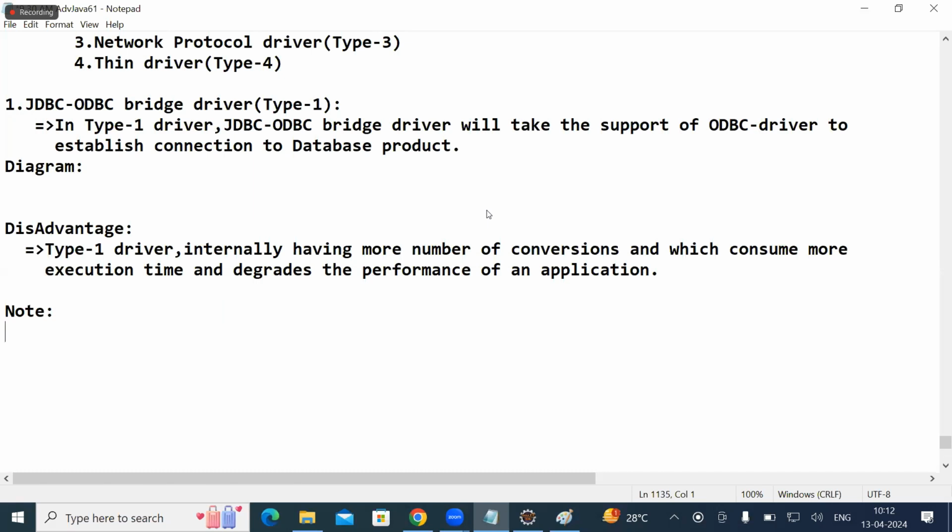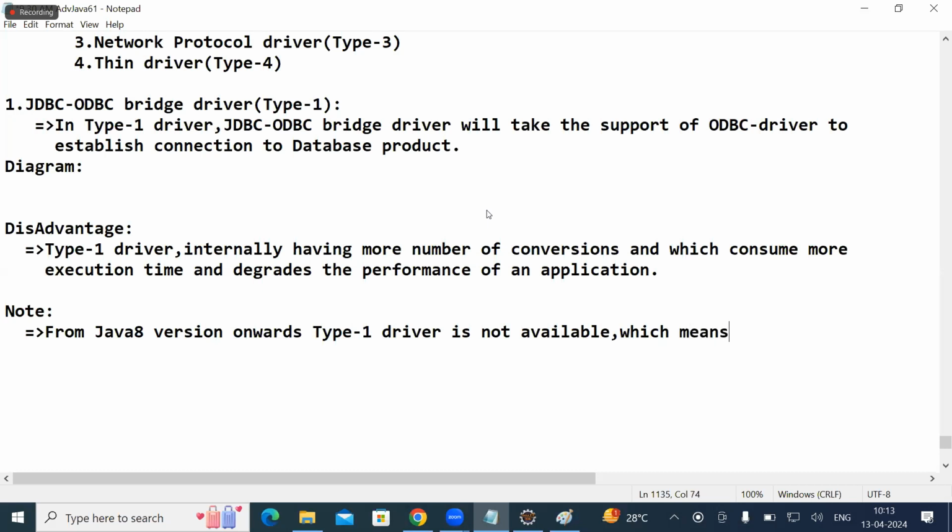Note: from Java 8 version onwards, Type 1 driver is not available, which means support is not available for Type 1.